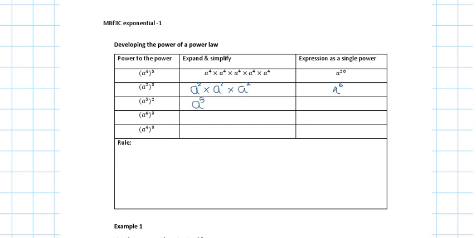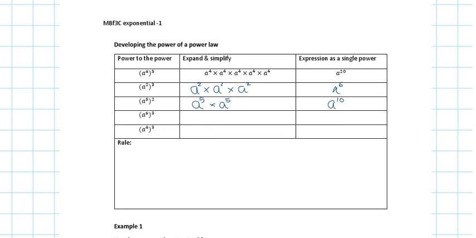Any idea what's happening here? Multiplying the exponent. That's right. So, a to the power of 6 times a to the power of 6 times a to the power of 6. So that gives me a to the power of 18.